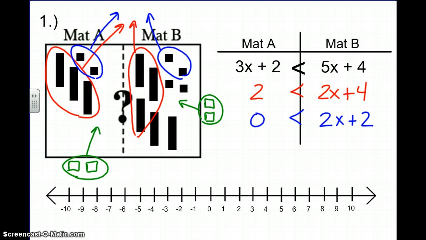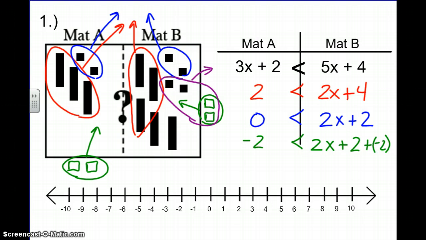Doing this will leave you with negative 2 on mat A, less than 2x plus 2 plus negative 2 on mat B. But now the benefit is we can actually create a 0 on mat B with the 2 positives and 2 negatives.